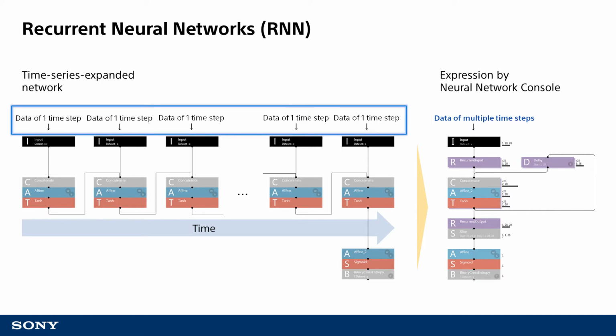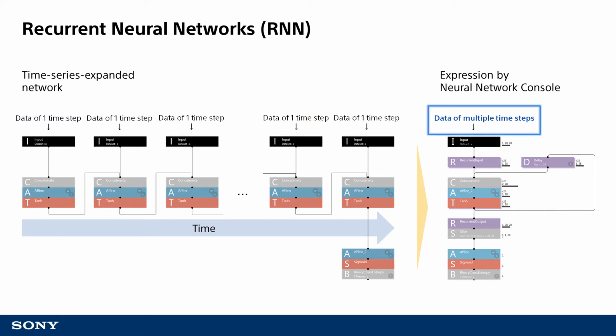To explain in more detail, the network on the left-hand side will have data input from each input layer at each time step. On the other hand, in the network on the right-hand side, data for all time steps and data for multiple time steps are input at the input layer simultaneously.